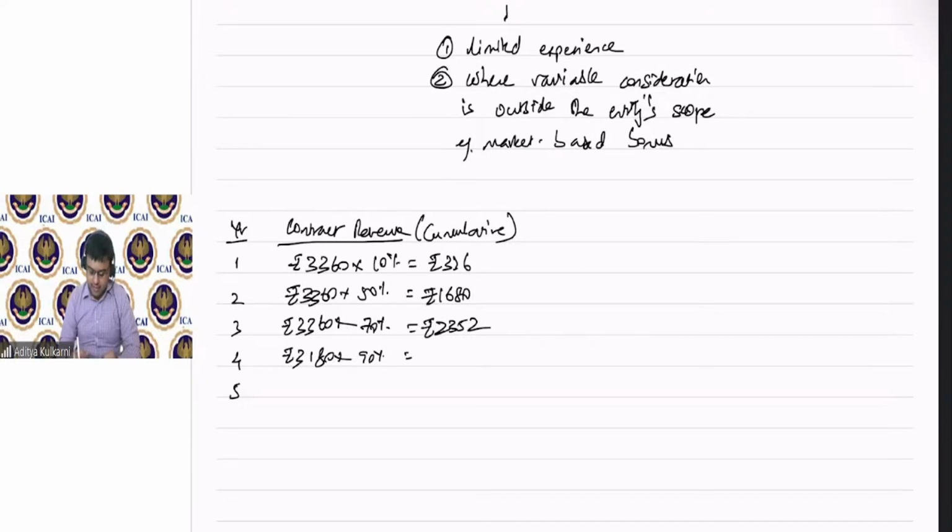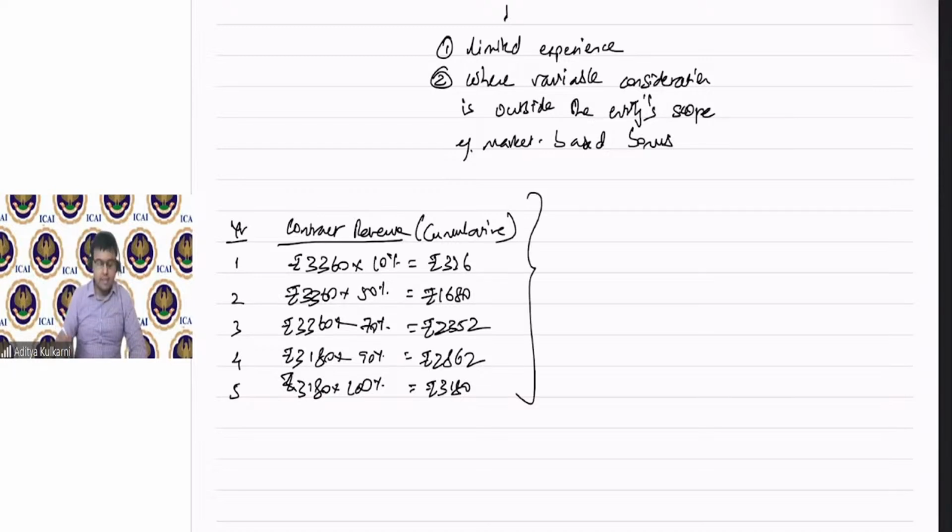So 3,180 into 90% is 2,862. And lastly, 3,180 into 100%. So that gives you 3,180, and you are going to recover 3,180 as well. So all this matches with the contracted revenues that you are expected to realize. Are we okay with this?